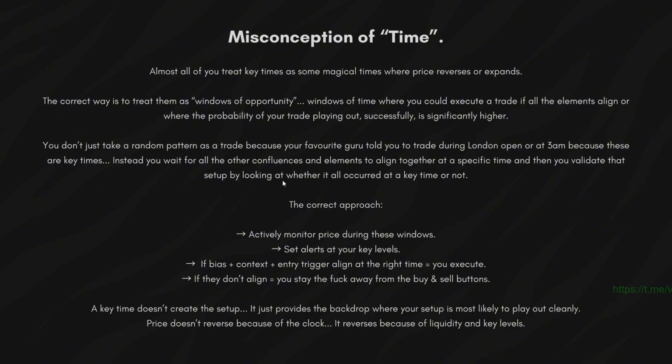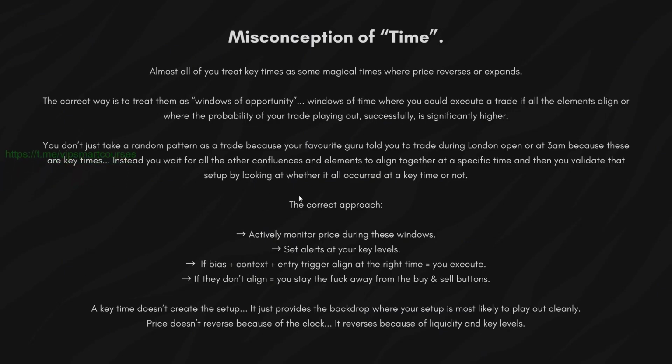You wait for the other confluences such as bias, context, and entry model to align, and then you look at the time, and if it's a key time, then that acts as the last validating factor, and then you execute it. But if it's not a key time, then you invalidate that whole setup.